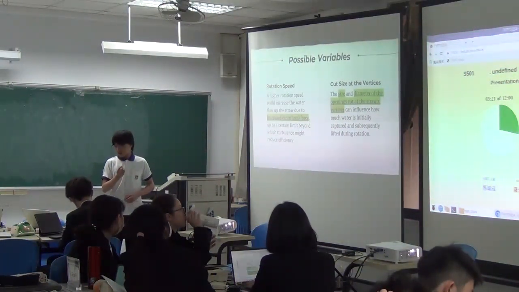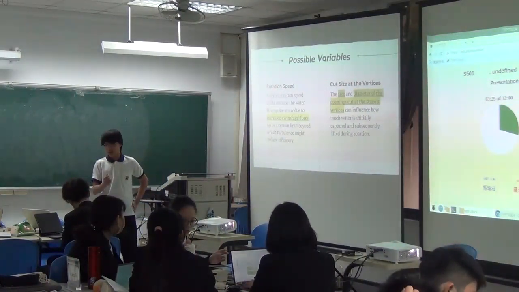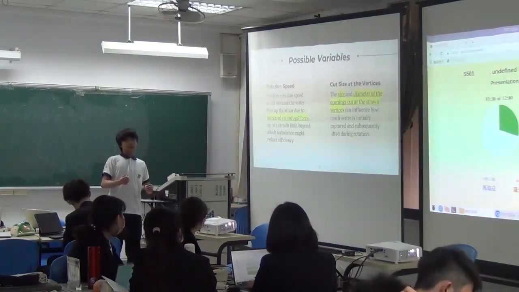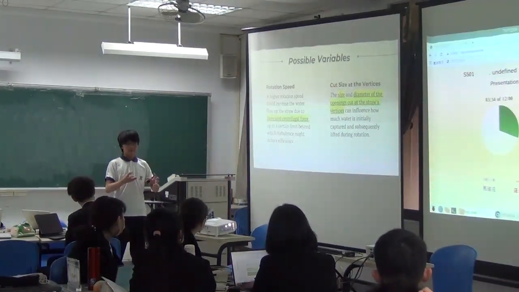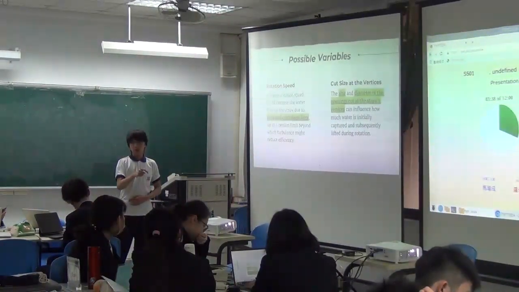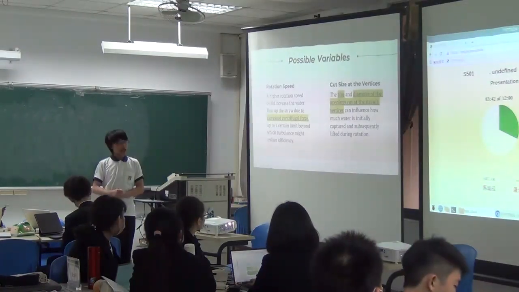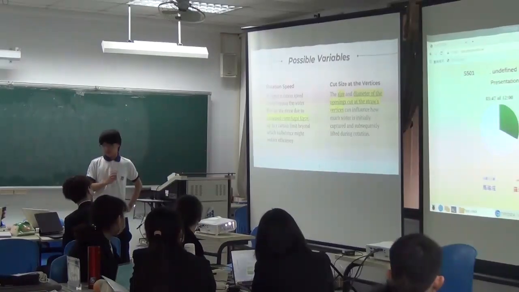A higher rotation speed increases the water flow up the straw by increasing the force. But if we increase the rotation speed, the force that pushes the water outward will be increasing too. So the water might be spilled out faster and further.